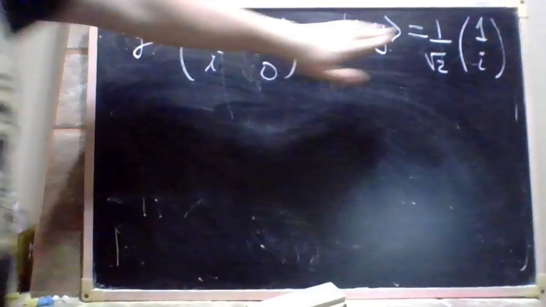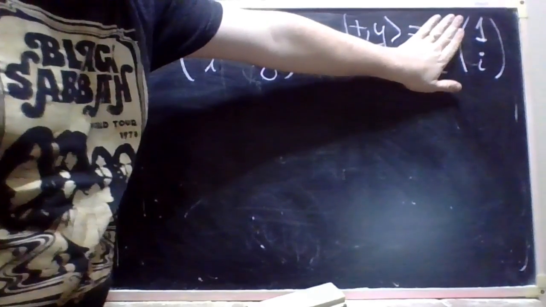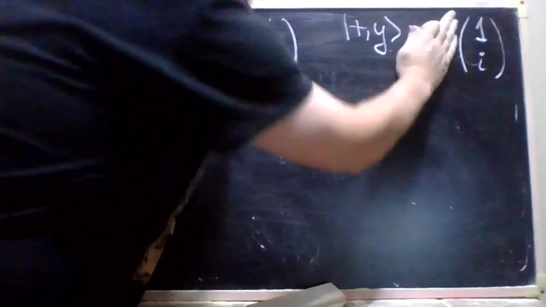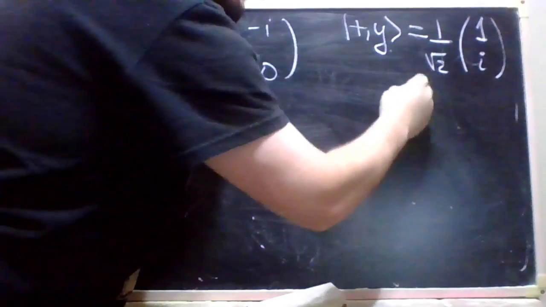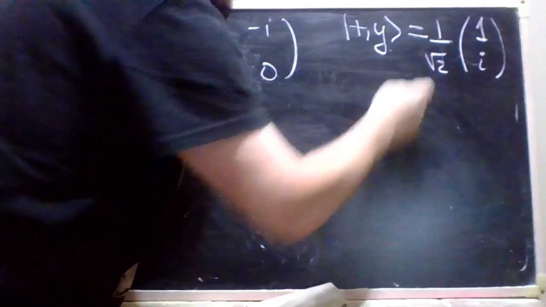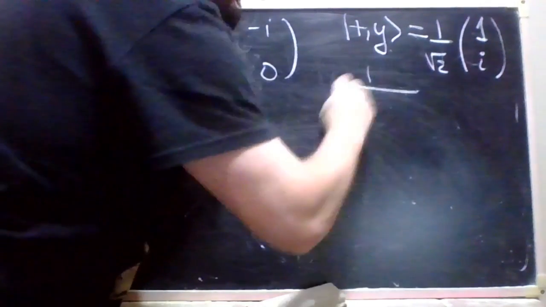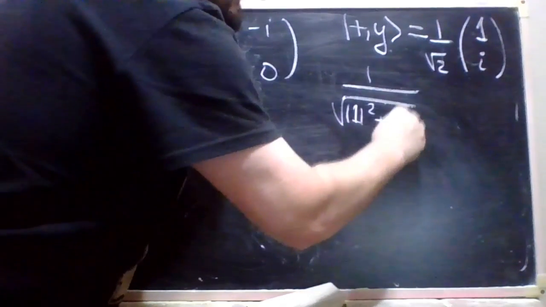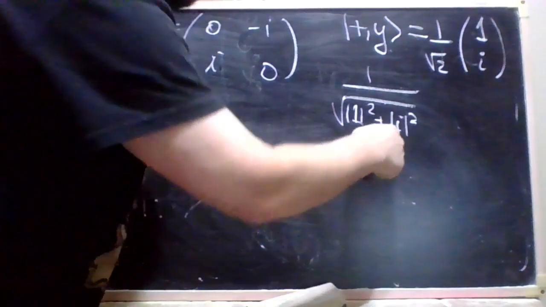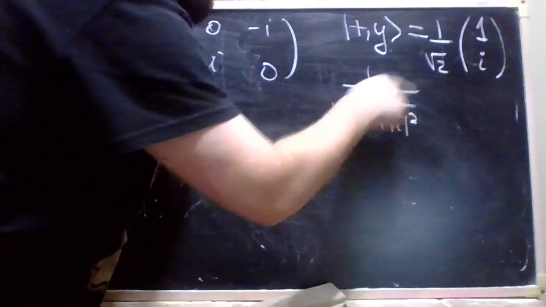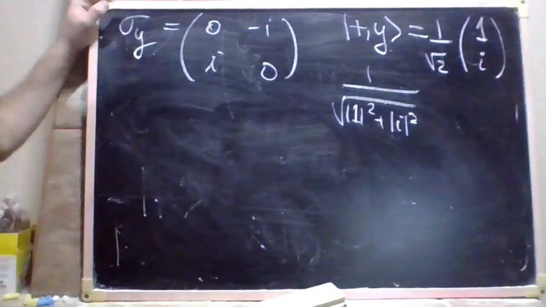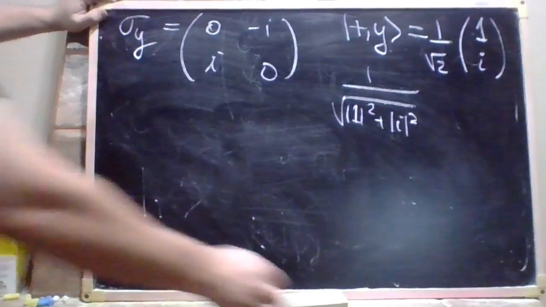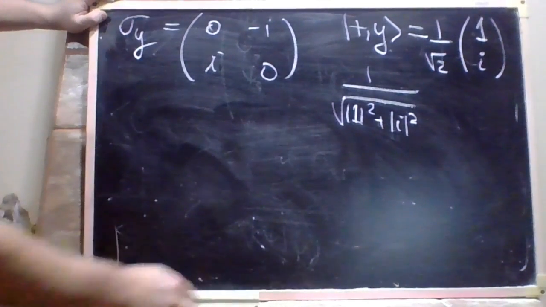But notice, you could find 1 and i, or another combination of numbers, but non-normalized. So you normalize it. The normalization comes from taking 1 over the square root of 1 modulus squared plus i modulus squared, but the i squared in modulus is equal to 1, so the square root of 2 here. All right, so this is a trick, an easy way to normalize vectors.